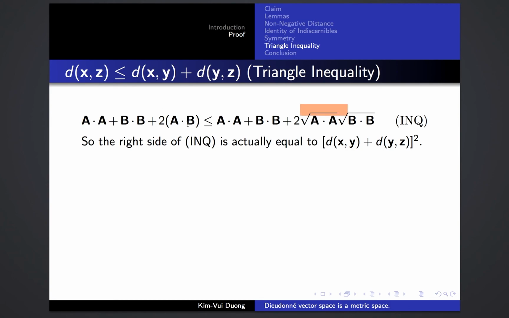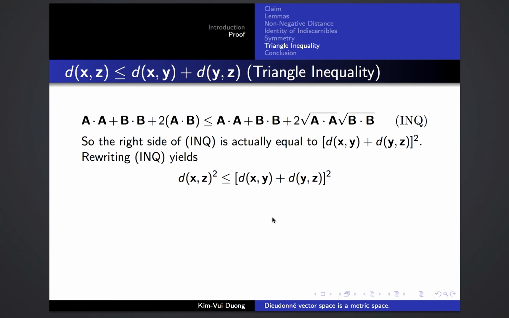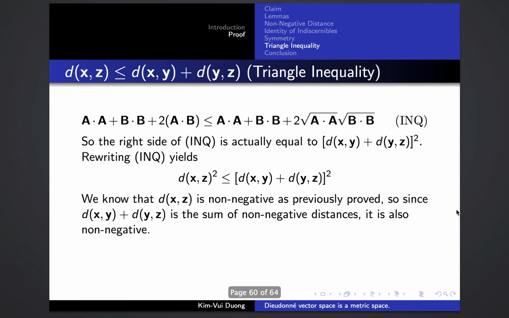So, using this INQ, the right side of INQ is actually equal to the quantity squared. And remember that the left side is d of xz squared. So rewriting it yields d of xz squared is less than or equal to the quantity d of xy plus d of yz, squared. Now what can we do with this? You think automatically to square root, right? Well, we know that the distance between x and z is non-negative as previously shown.